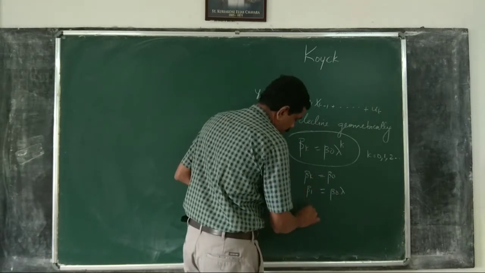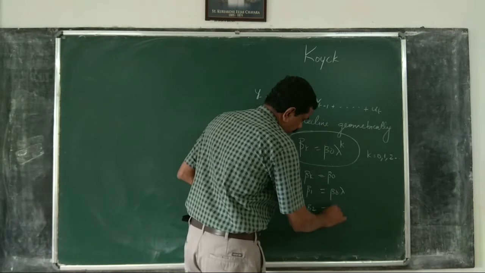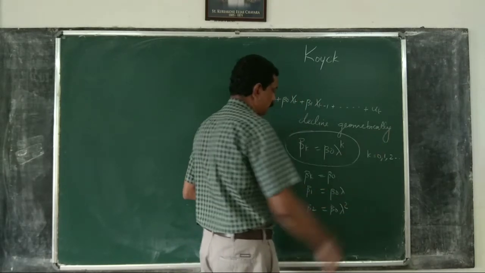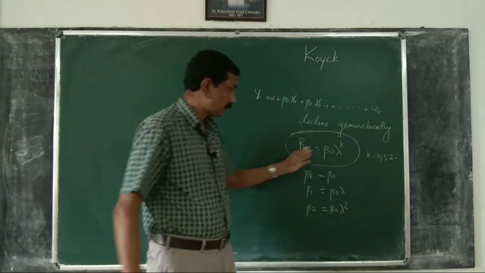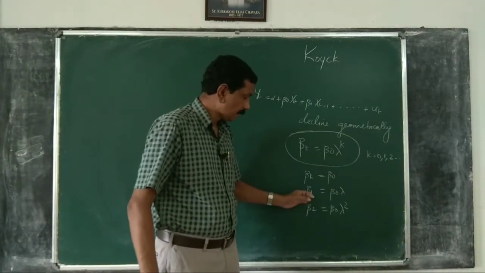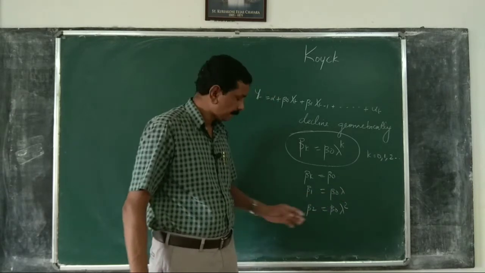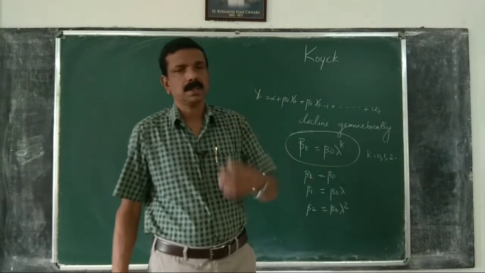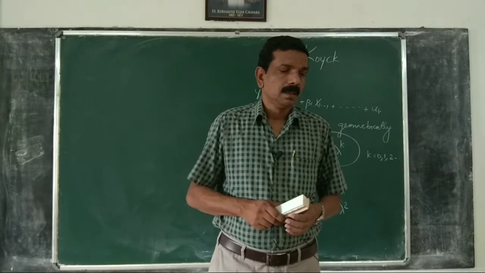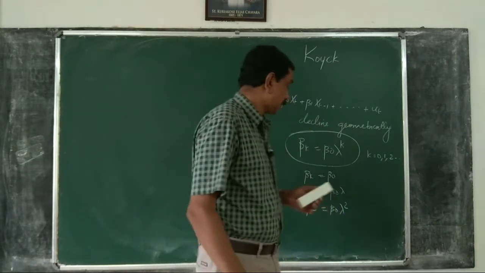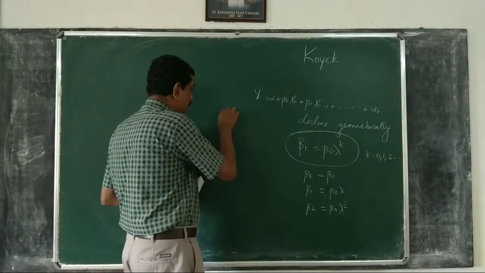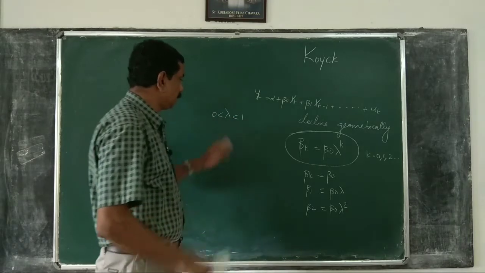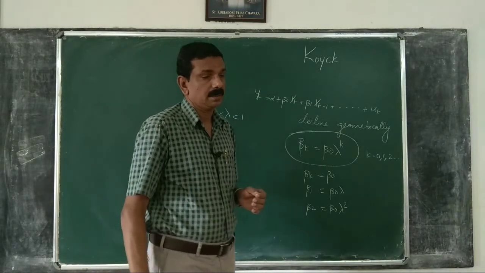If k is equal to 2, beta 2 is equal to beta 0 lambda square, then beta 0 lambda cube, etc. Lambda is such that lambda lies between 0 and 1.